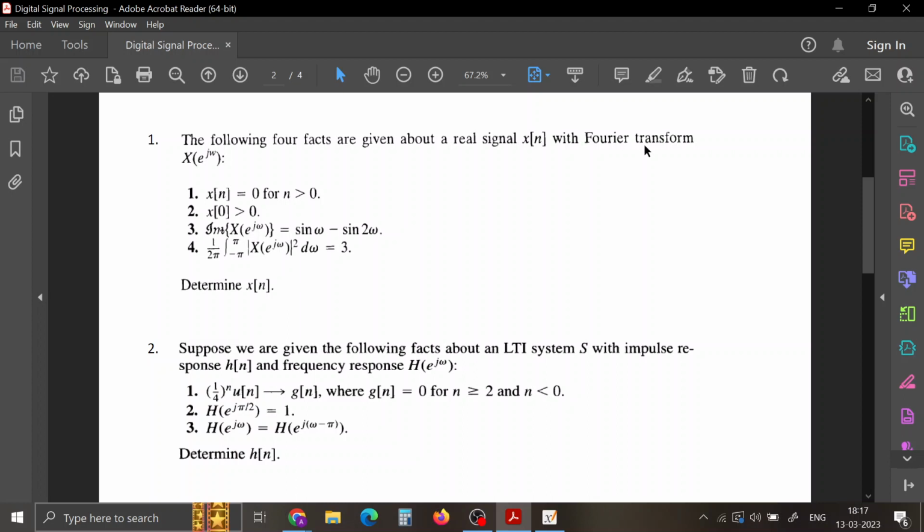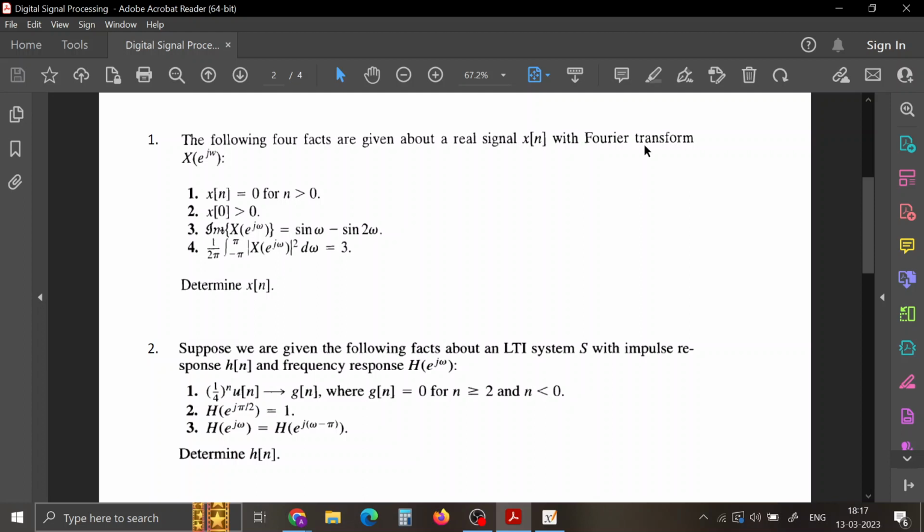So if we somehow know the values of x of n for all negative values and for n equals 0, then we are done. So we know the entire sequence x of n. Even the information about half of x of n, the indices on the left hand side for negative values of n, and of course including n equals 0, if that is known to us, we are done.